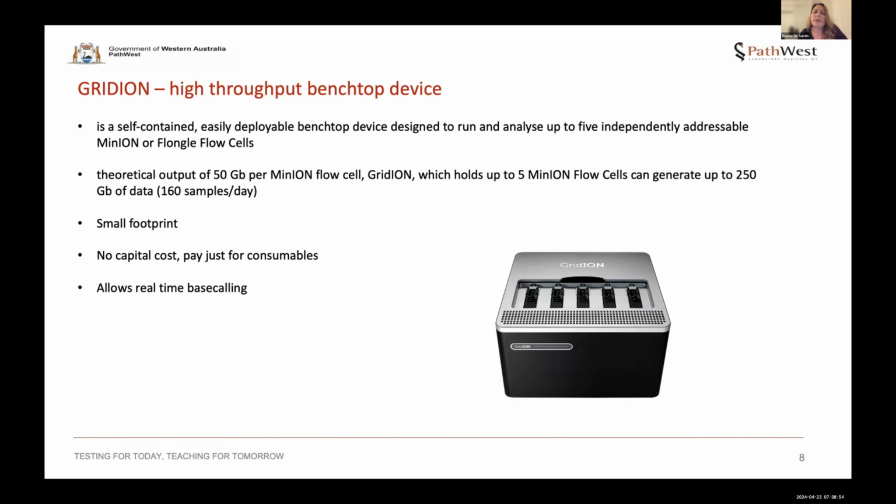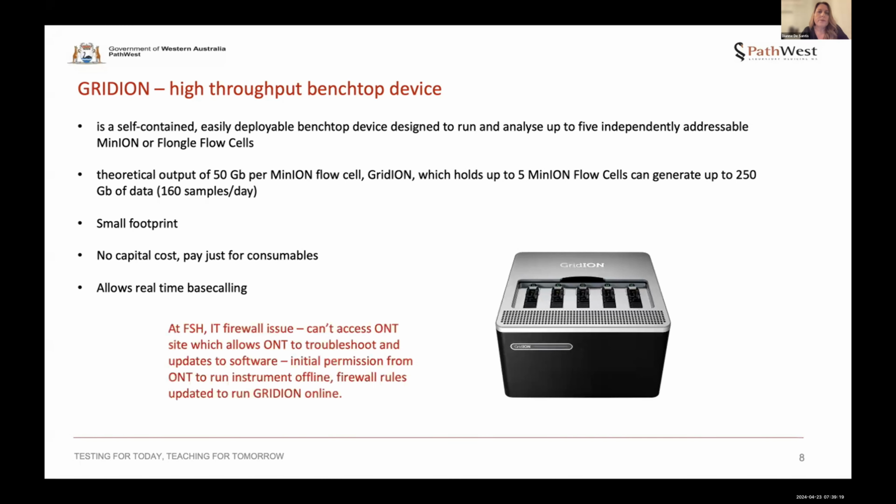And as I said, it holds 5 flow cells, so up to 250 gigabases of data. So for us, that's around 160 samples per day. It's a small footprint. There is no capital cost, so you pay for the consumables and you acquire the instrument. And it does allow for real-time base calling for any urgent samples or for disease genotyping or any urgent clinical samples.